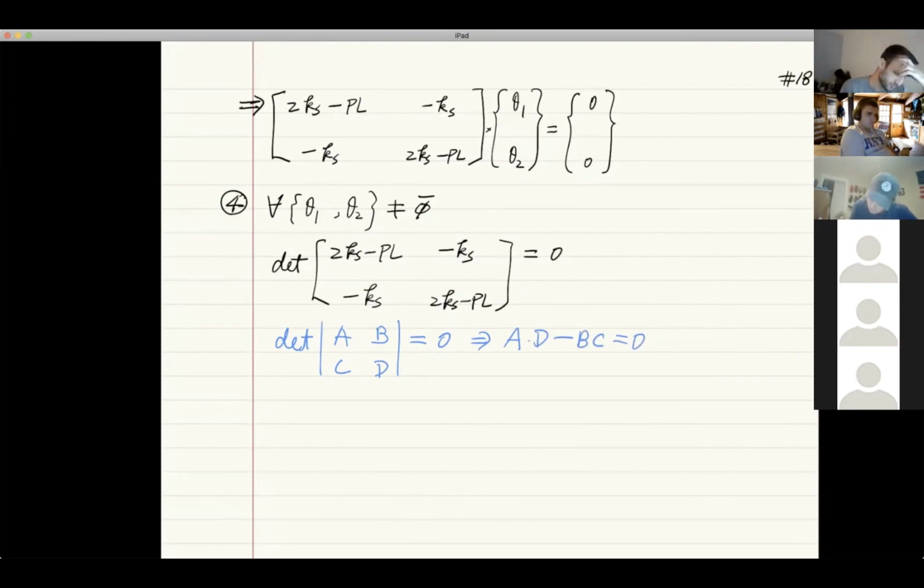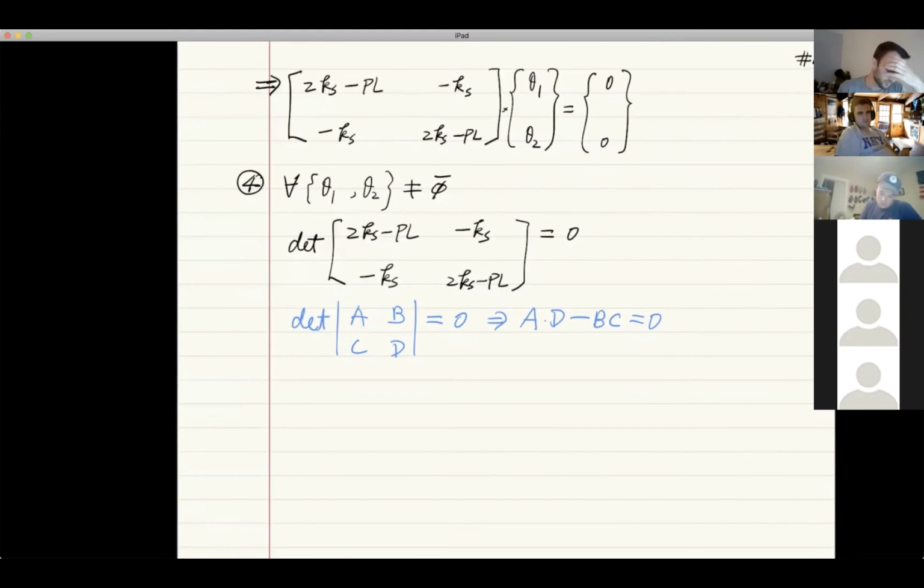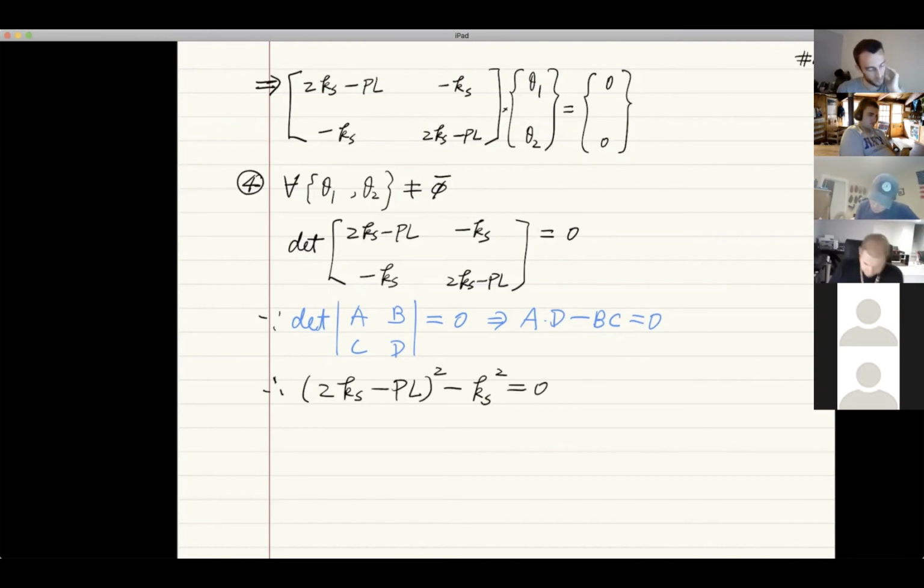That's how you calculate the determinant of a 2x2 matrix. So with that, we know that the condition we can apply is just 2ks minus PL, squared, minus ks squared to be 0. Right? It's just going to be like this.